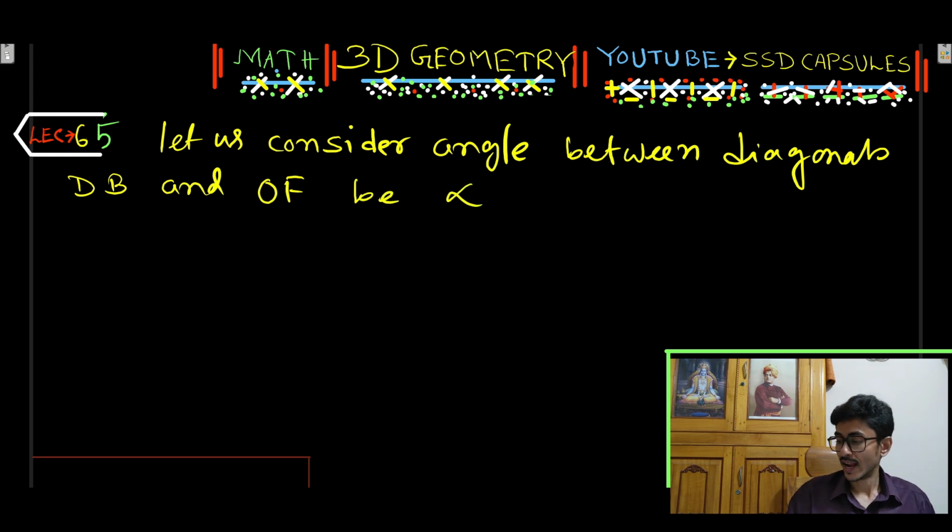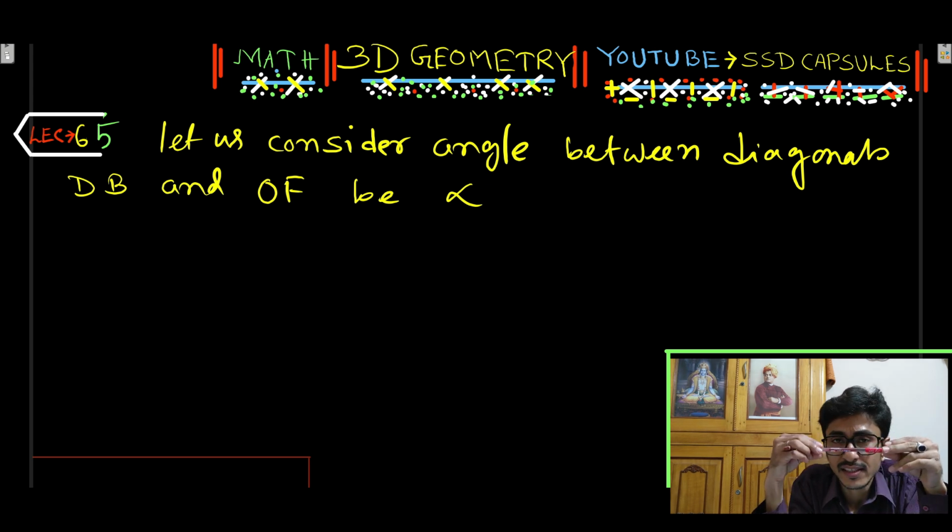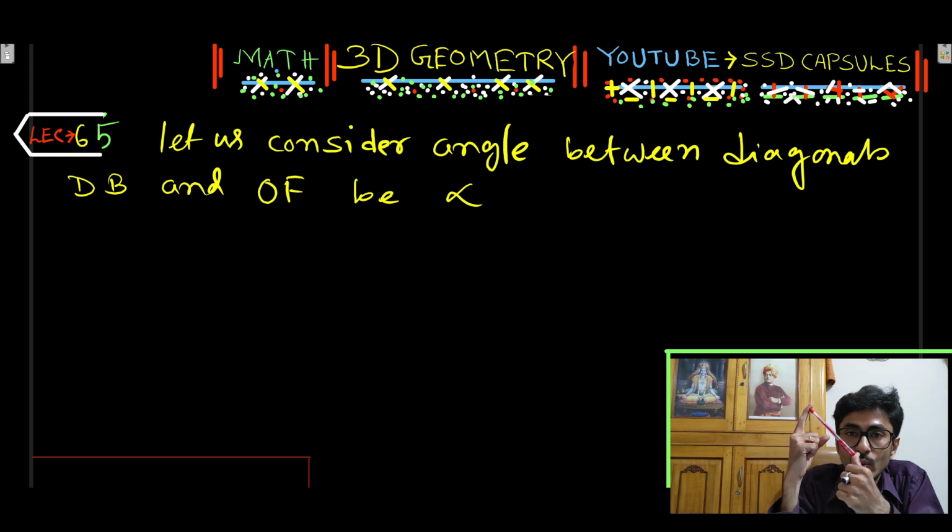Now we know that if a straight line is given and it is passing through two given points, it is very easy to find the direction ratios of this straight line.